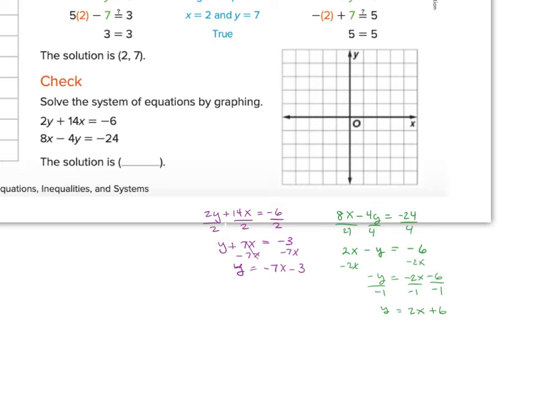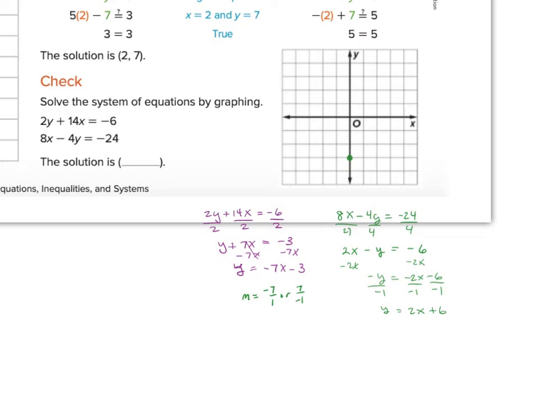Graphing that, I start off at -3. And then my slope here is -7 over 1, or 7 over -1. So it just depends on which direction I'm trying to go. In this case, I want to go up first, so I'm going, I absolutely just did that wrong. 7 over -1, sorry, goodness.